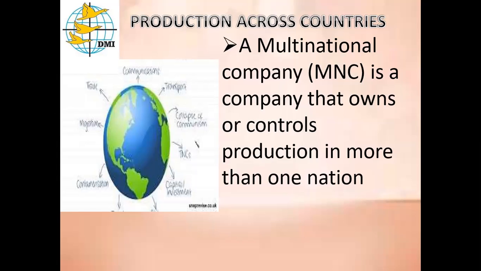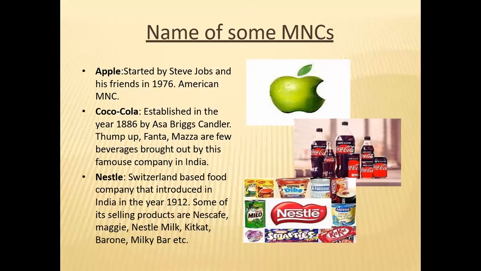Now, what is a multinational company? A multinational company is a company that owns or controls production in more than one nation. Some MNCs today are Apple, which was started by Steve Jobs and his friends in 1976, an American MNC. Then you have Coca-Cola, which was established in 1886 by Asa Briggs Candler.